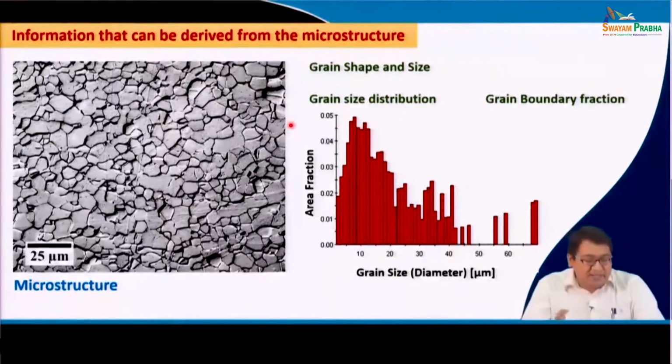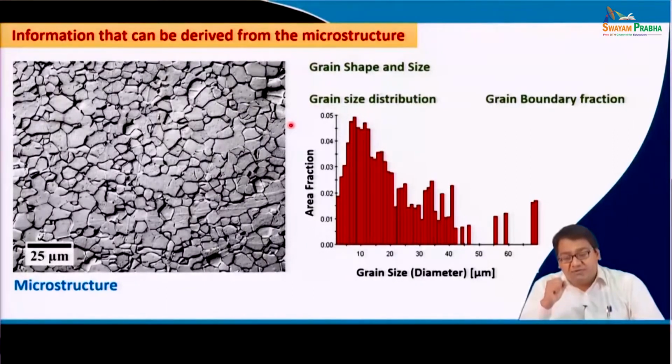We can even find out the grain boundary fraction in this microstructure. But you see that we will not be able to properly quantify, first of all, the grain size distribution. Secondly, even though we can find out the grain boundary fraction, we will not be able to find out what fraction of grain boundaries is of what misorientation.